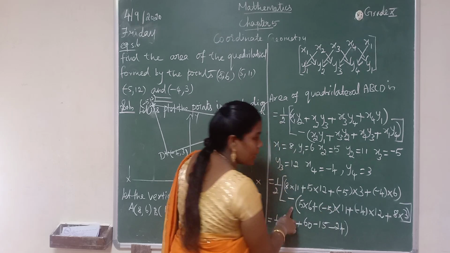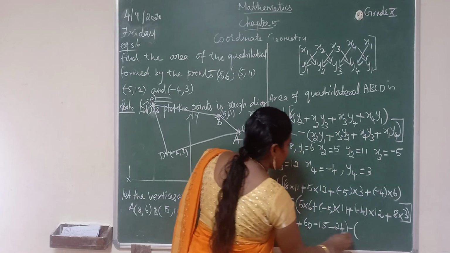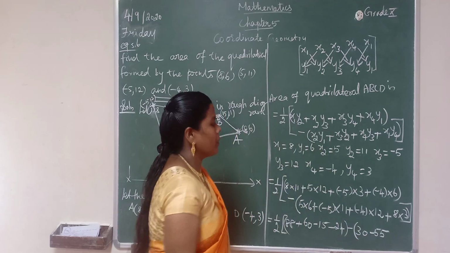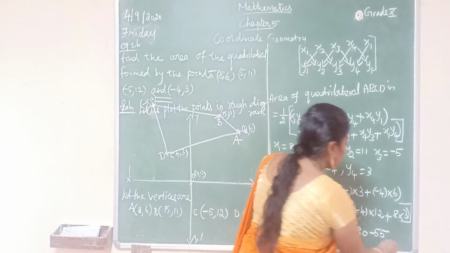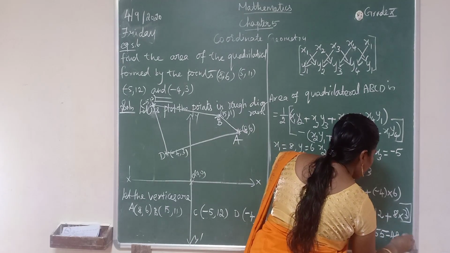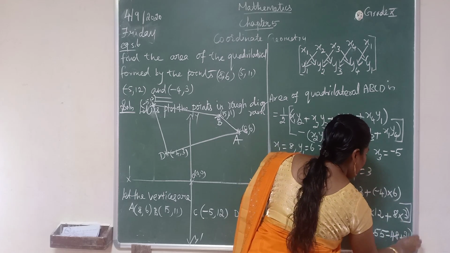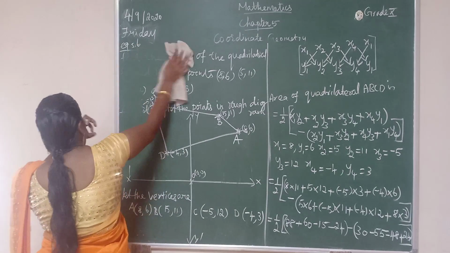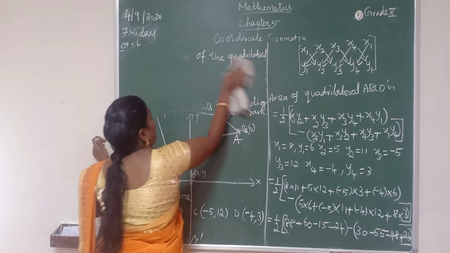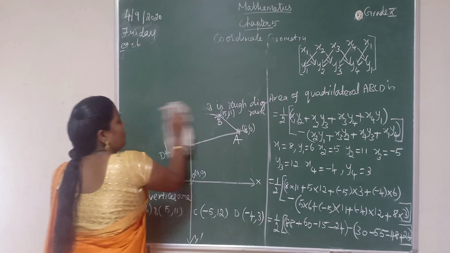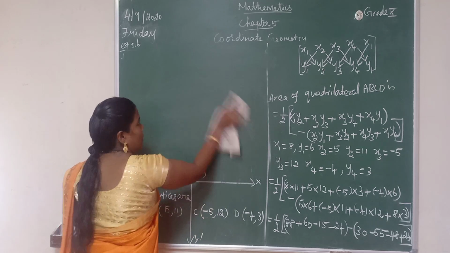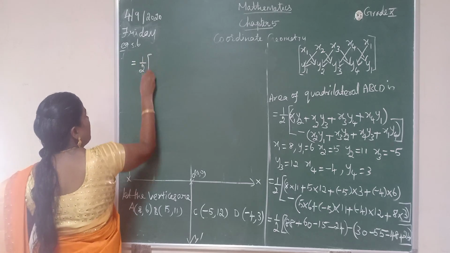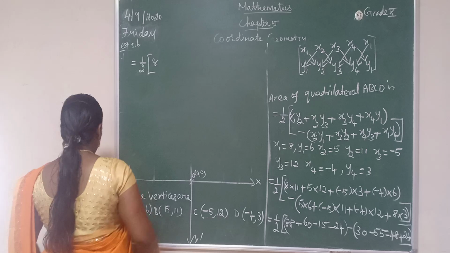Next term, there is a minus: minus of [30 minus 55 minus 48 plus 24].